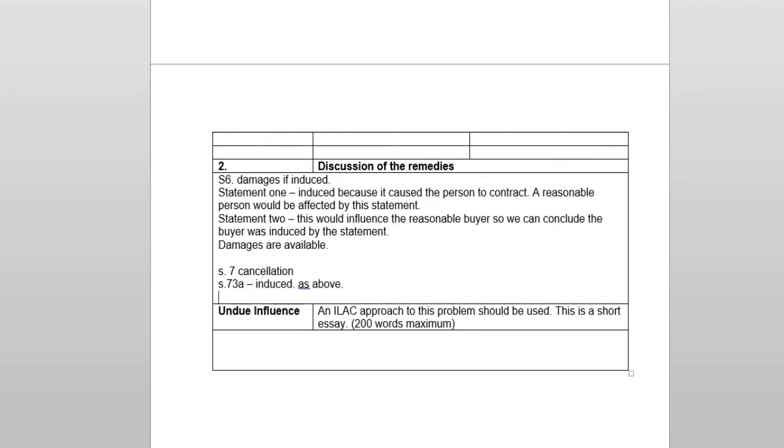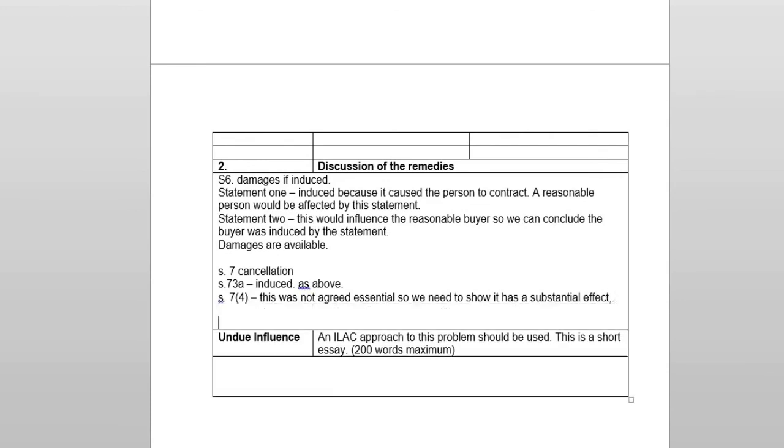So we don't need to repeat things here. Section 7.4. So this was not agreed essential. So we need to show it has a substantial effect on the contract. Now in this case, thousands of dollars is clearly a substantial loss of benefit, which is B.